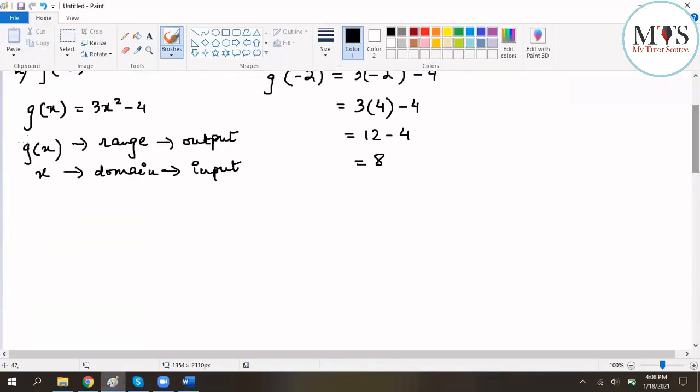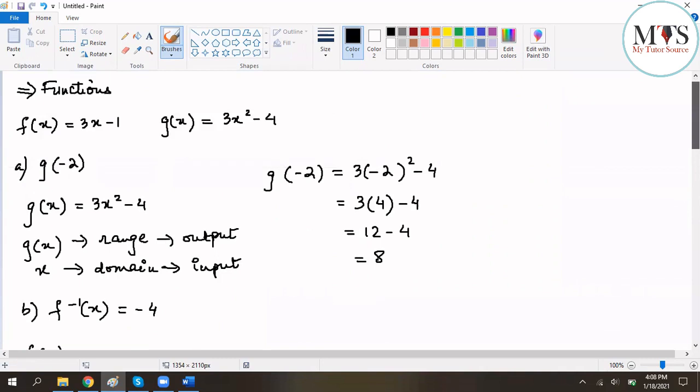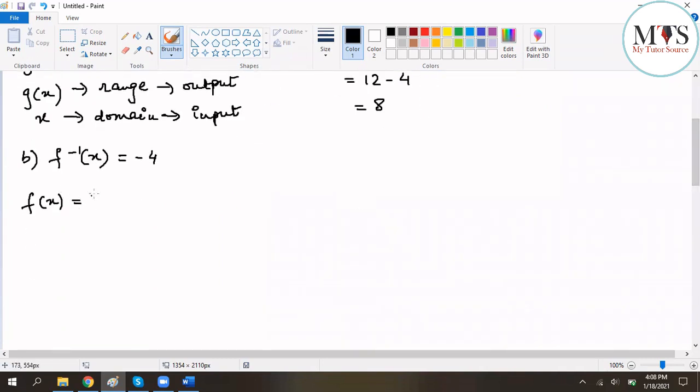So for this part, we need to be able to find the inverse of a function. Firstly, f of x equals 3x minus 1. In order to find the inverse, the first step is to put f of x equal to y.